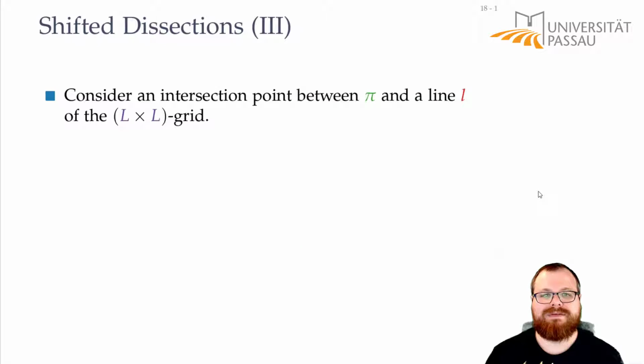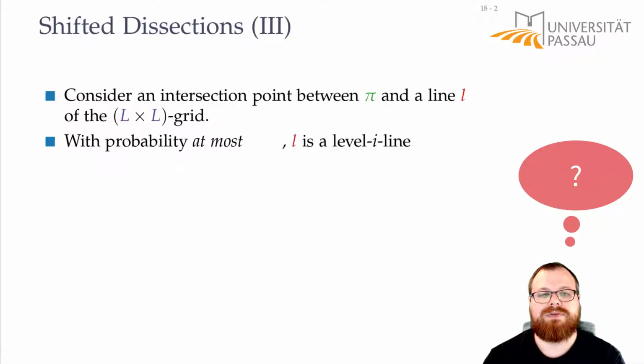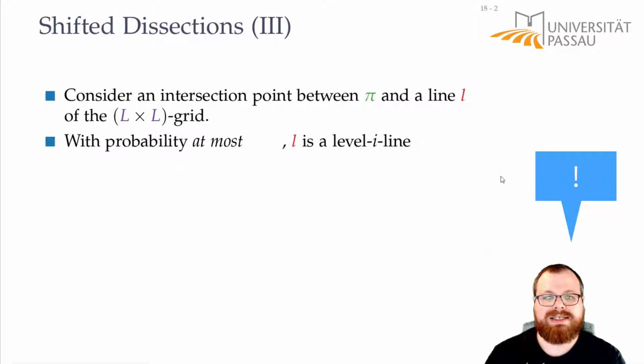And for that, we consider a single intersection point between the tour and a line. And what is the probability that this line is of level I? Well, since this is random, we have no clue what it is, but we know how many lines of each level we have. What about level 0? There's exactly one vertical line of level 0, and there's exactly one horizontal line of level 0.